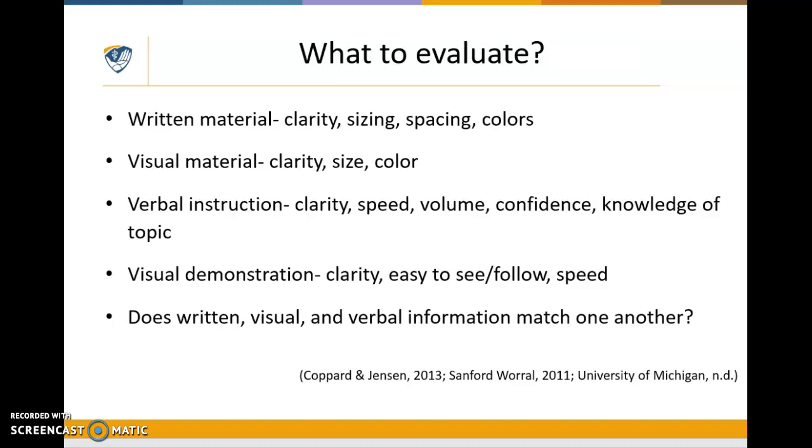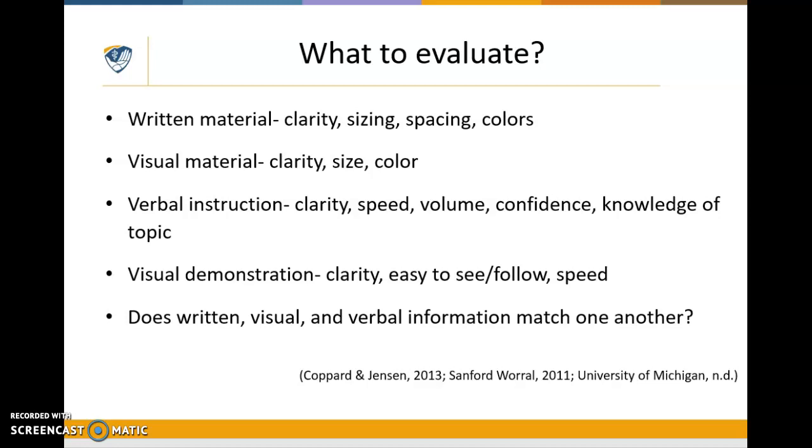So, what are we going to evaluate? As we are evaluating a student, we will be looking at written material. We will assess this for clarity, sizing, spacing, colors. Also, with visual materials, we will also assess for clarity, size, and color.